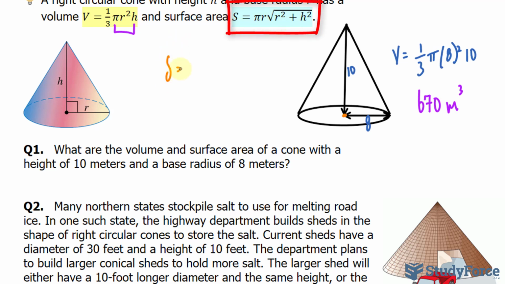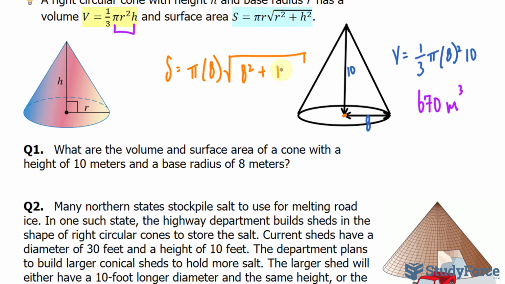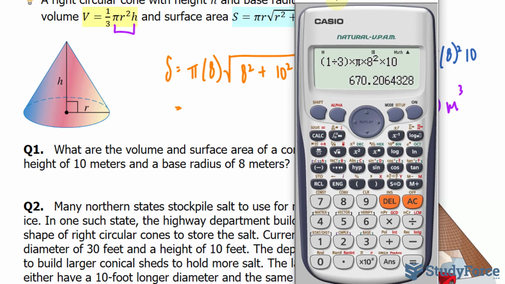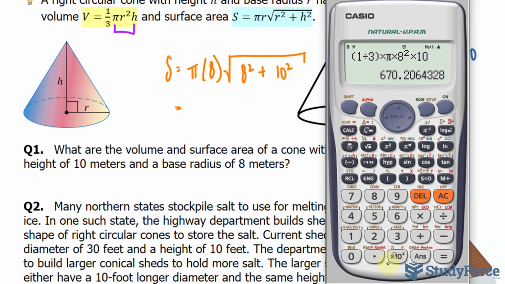To find the surface area, we use this more complicated looking formula. So I'll write down S is equal to pi times the radius, which is 8, times the square root of 8 raised to the power of 2, the radius squared, plus the height squared. So again, using our calculator, we have pi times 8 times the square root of 8 squared plus 10 squared.